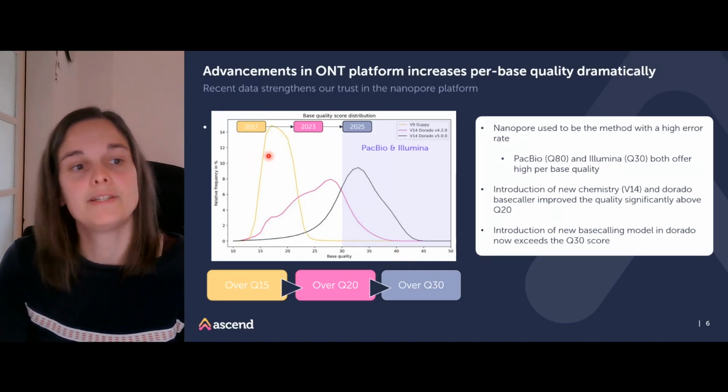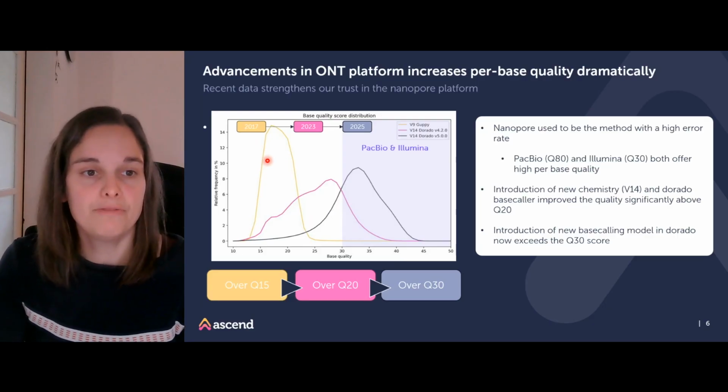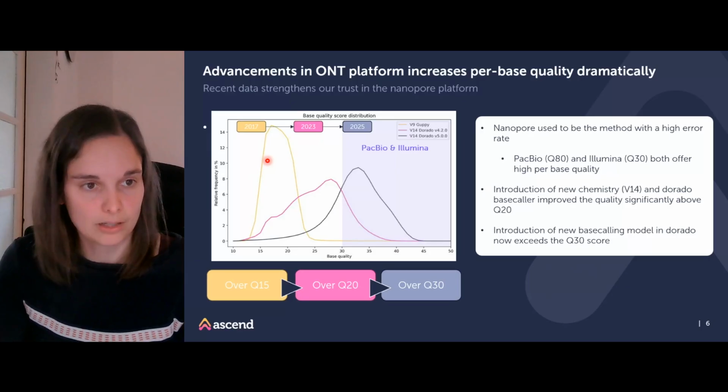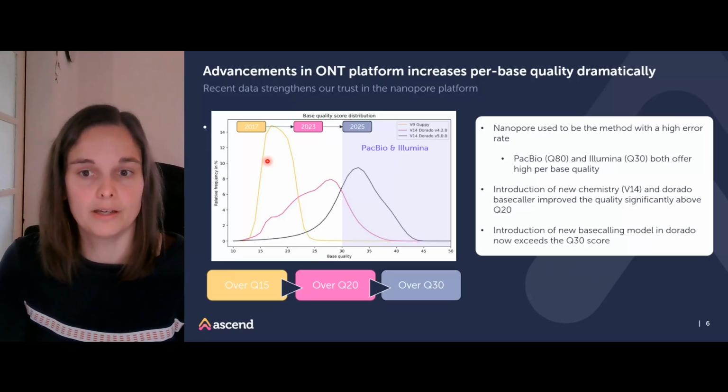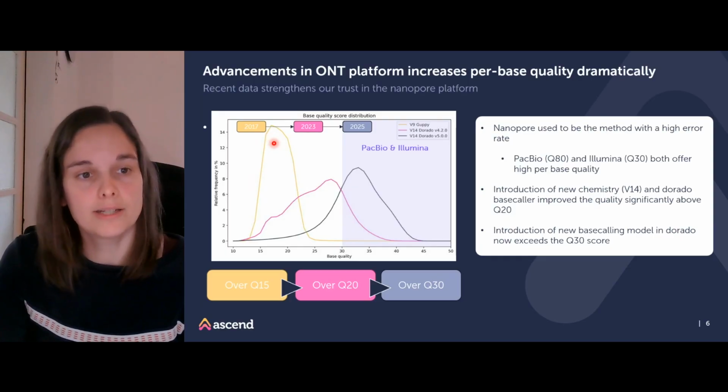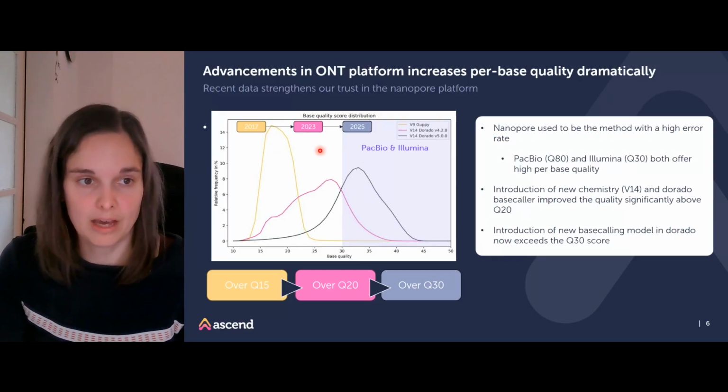So in 2017, when we started, the V9 chemistry as well as the Guppy base caller were the method of choice. With that and our general AAV batch, we were able to get a per base quality over Q15, which was not as good as the other methods.